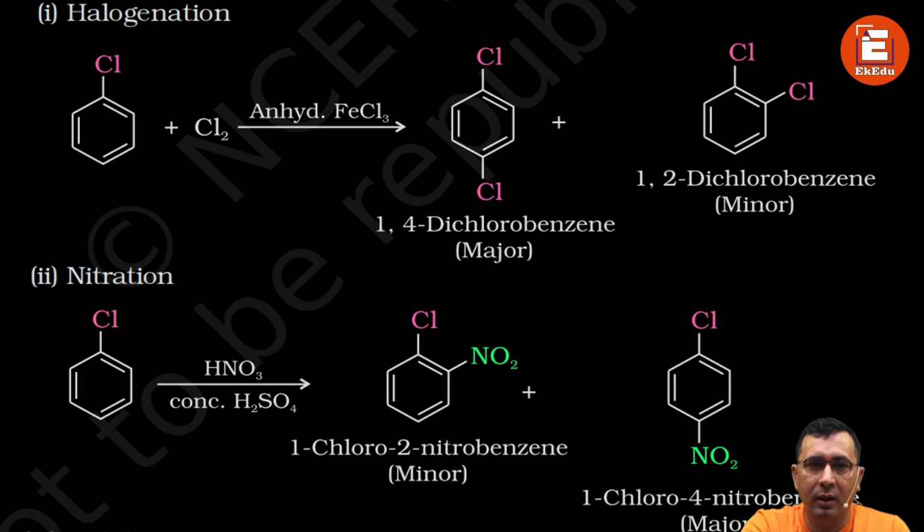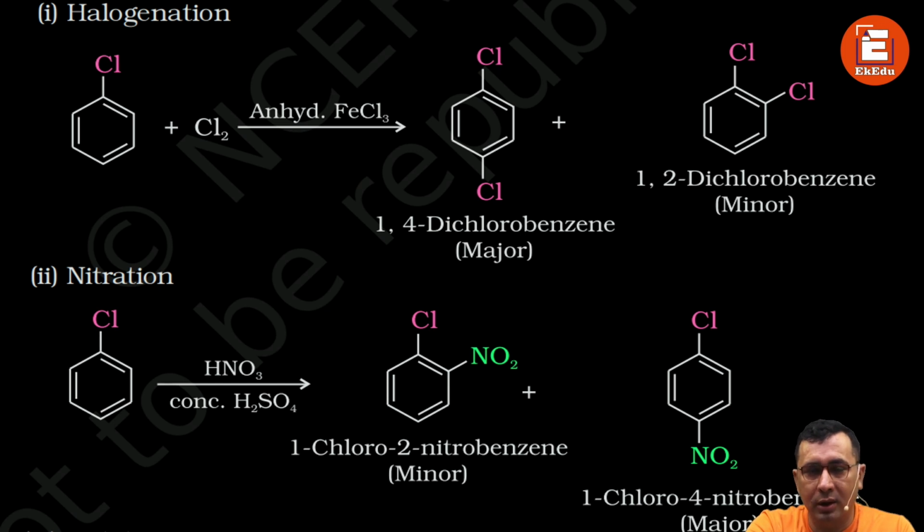You can see on your screen. Chlorobenzene with Cl2 in the presence of anhydrous FeCl3 gives us the parachloro derivative and the orthochloro derivative. So you can see the para position gives the most stability.